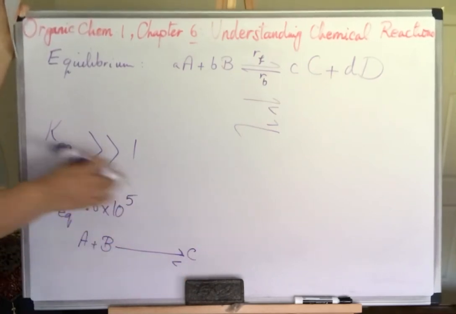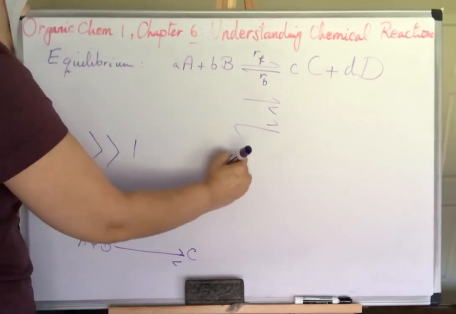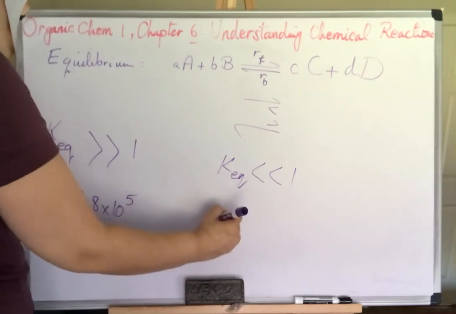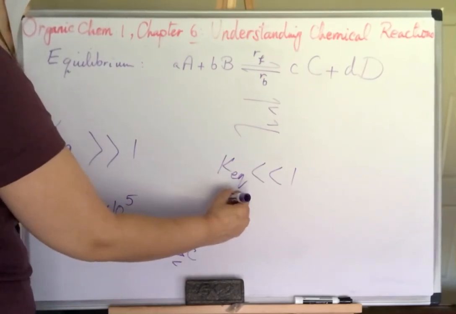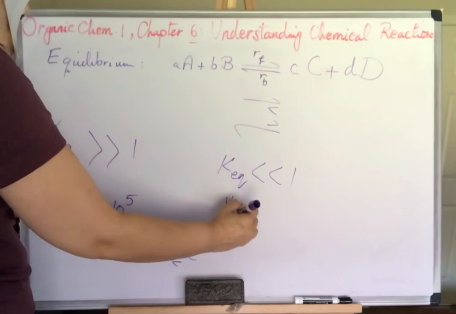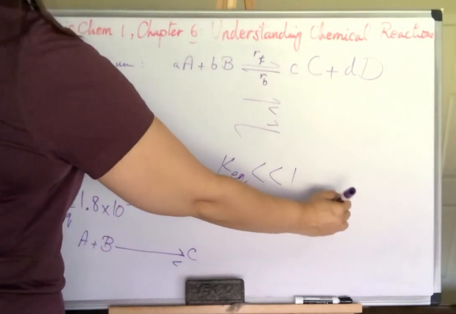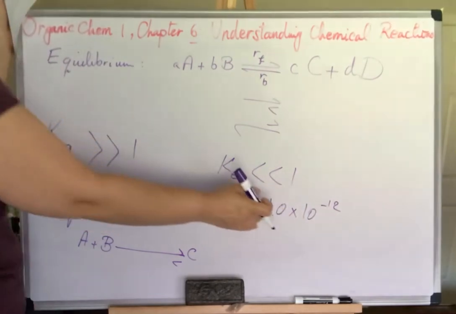It's towards the products. But when K equilibrium is much smaller than 1, let's say you have a K equilibrium which is 1 times 10 to negative 12. It has 12 zeros before 1.